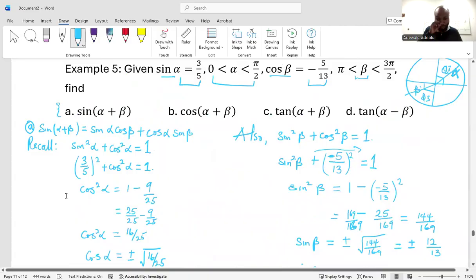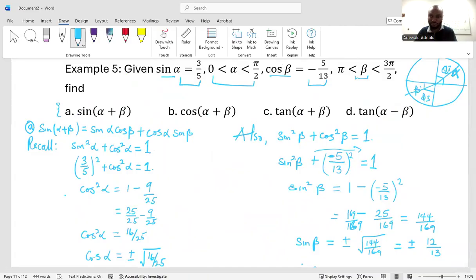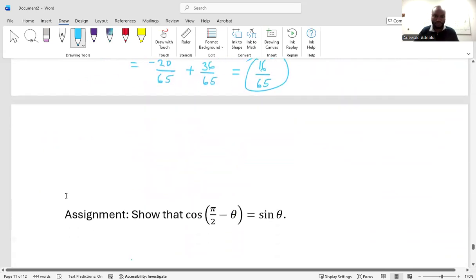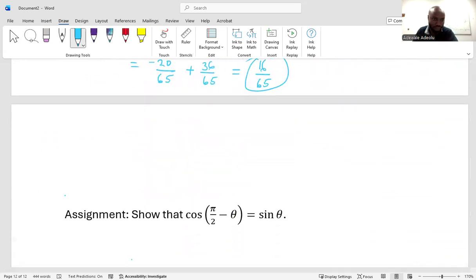I will skip this. You can just do that. It's the same thing. Let me solve tangents of, uh, tangents. So this is D. So I will say C, C, do it yourself. Then D, tangents of alpha minus beta.